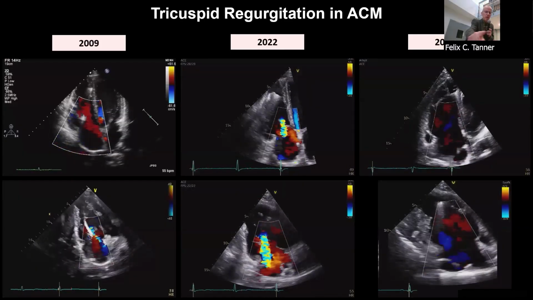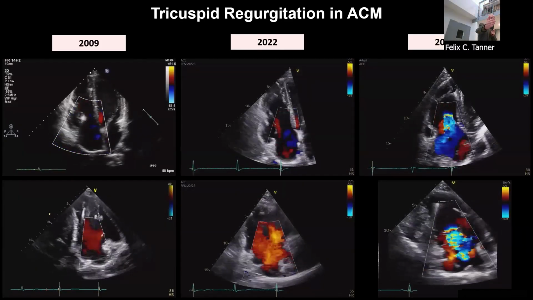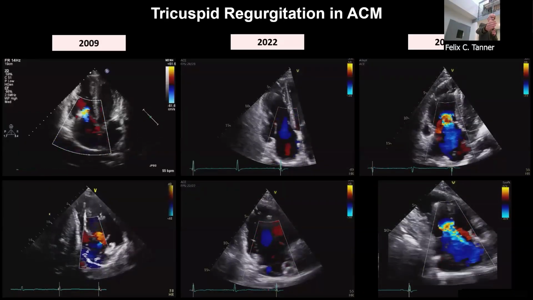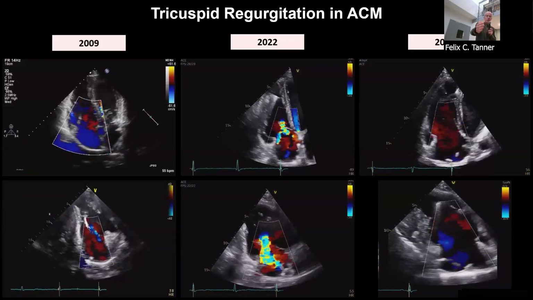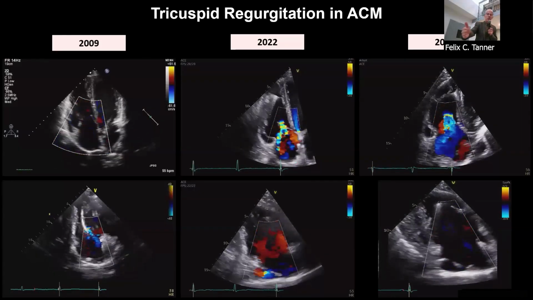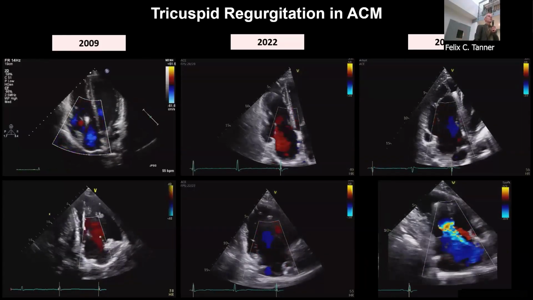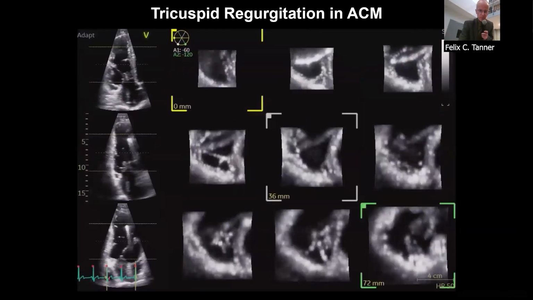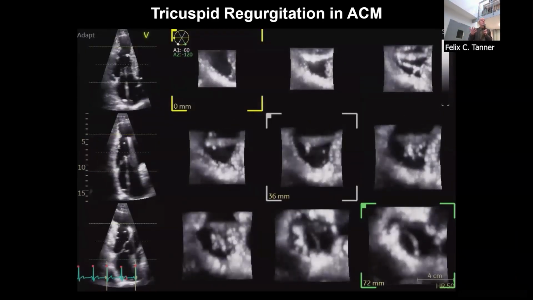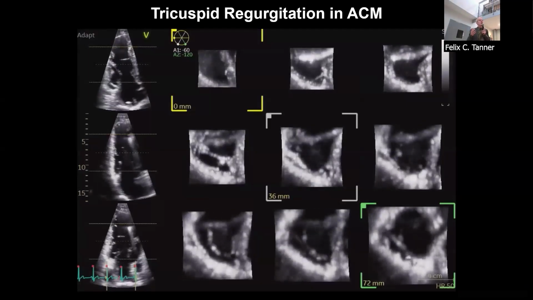So this is one example of a patient. We looked at this patient in 2009, 2022, and 2025. And you see there is a clear progression in the severity of tricuspid regurgitation. And this is in 95% of our patients.